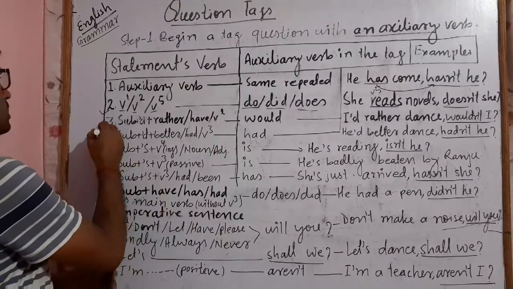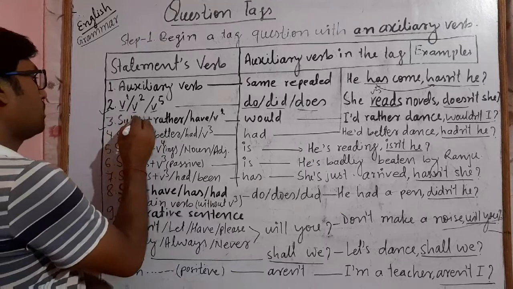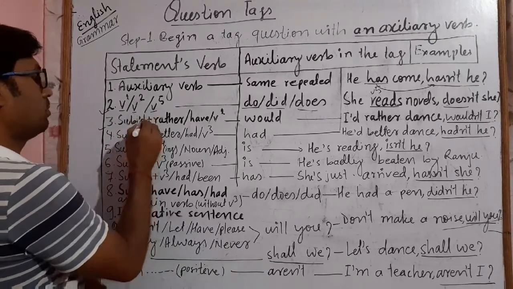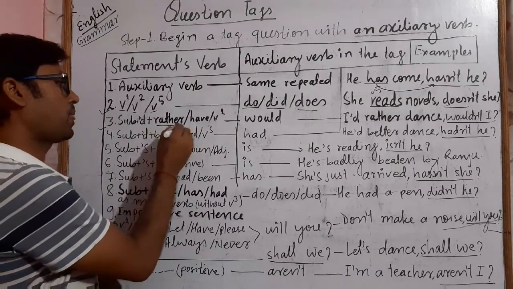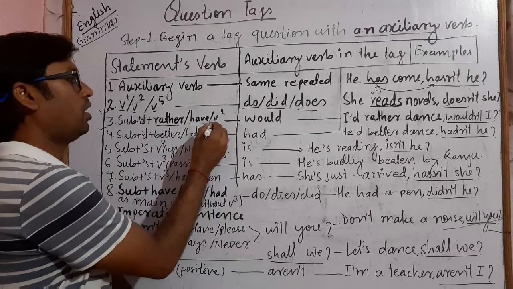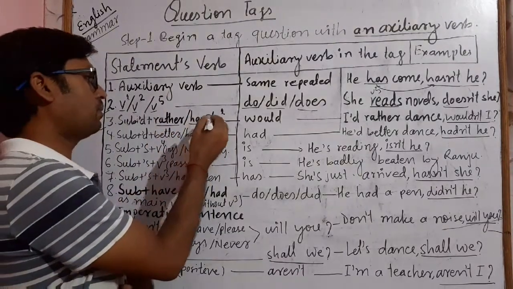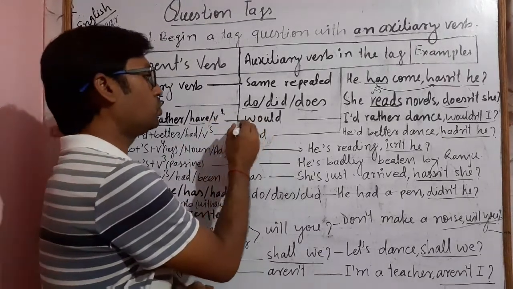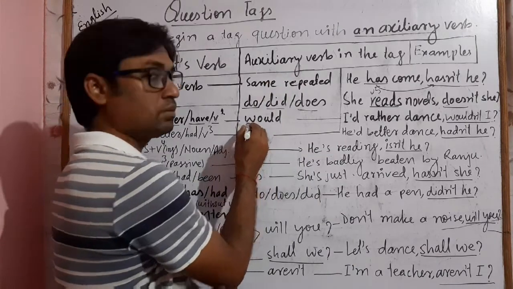Now let's see step number 3. Subject plus apostrophe d plus rather, have, or verb 1. If rather and have plus verb 1 is given, then you have to use would as the auxiliary verb in the question tag. What you have to use?